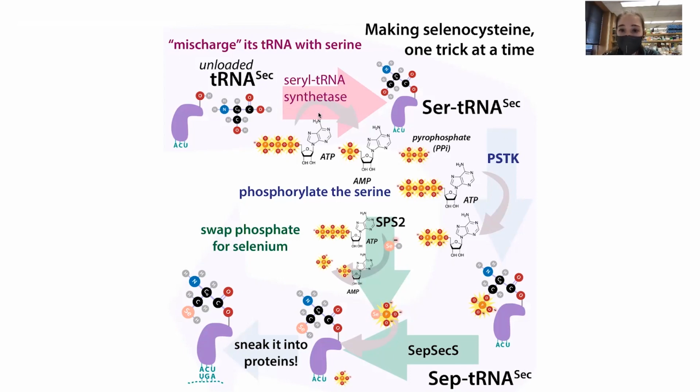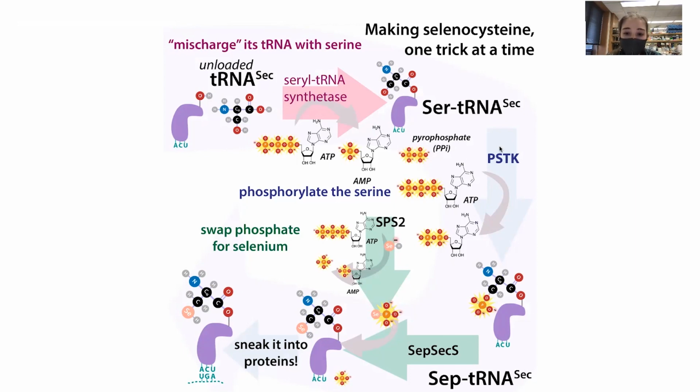Then it's going to get modified after you put the serine on. So the serine is loaded onto this tRNA for selenocysteine. Then we need to replace this OH with an SeH, and this is going to be done in a couple of steps.